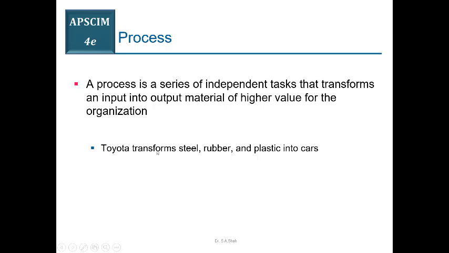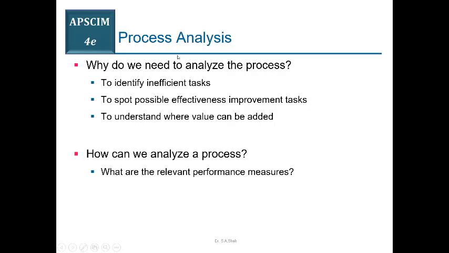For example, Toyota transforms steel, rubber, and plastic into cars. For process analysis, a question may arise: why do you need to analyze the process? This is because we have to identify the inefficient tasks.